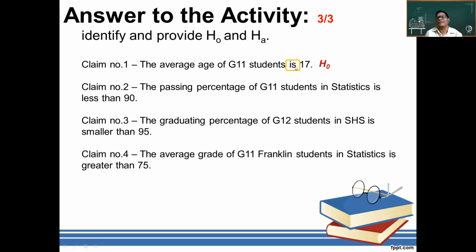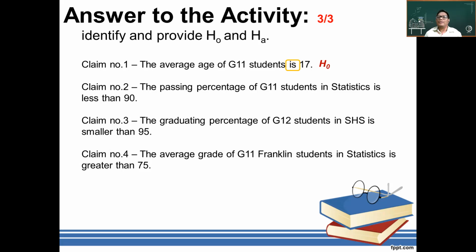is. Okay, remember in our previous lesson, in our previous activity, is means equal. So when you say equal, it is under the null hypothesis. There is no change, or there is no difference in the average age of the students, which is 17. So this is the null hypothesis.